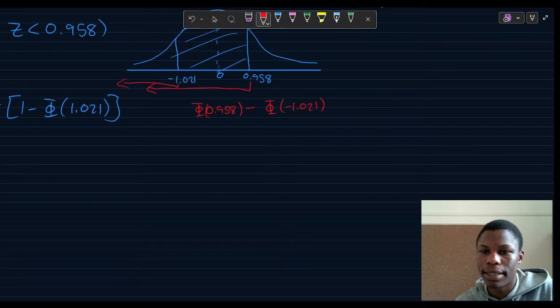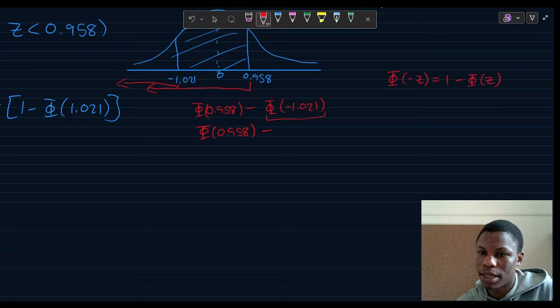There's this handy trick that says phi of negative z is equal to 1 minus phi of z. So with that in mind, phi of 0.958 minus this part becomes 1 minus phi of 1.021.